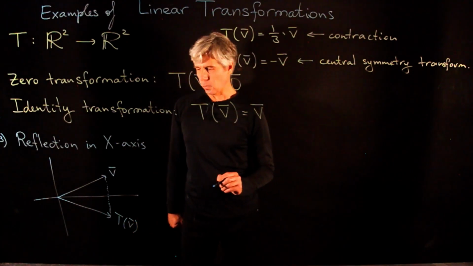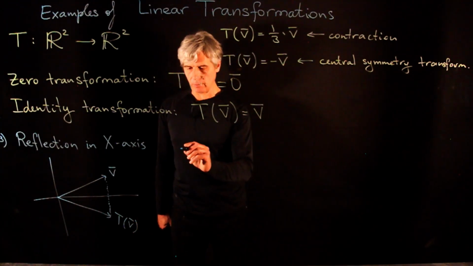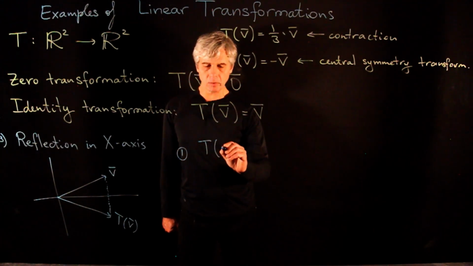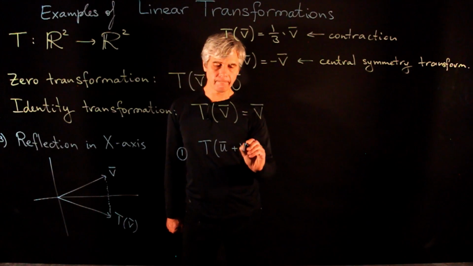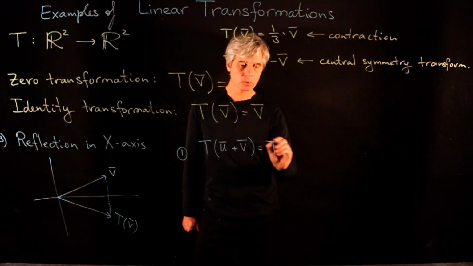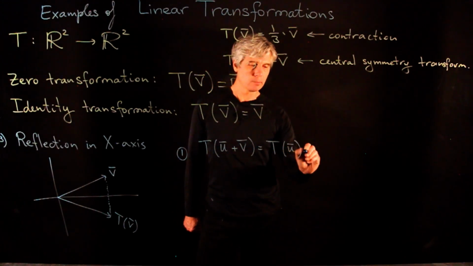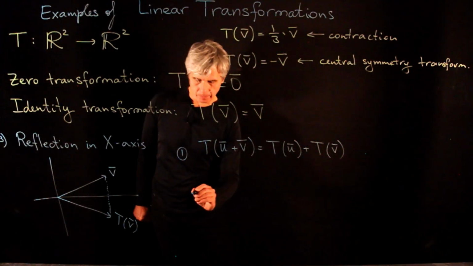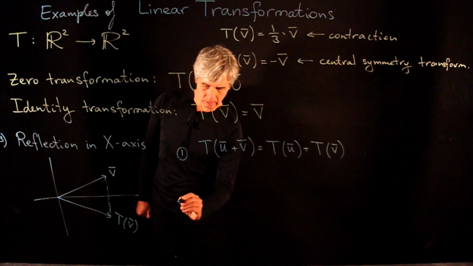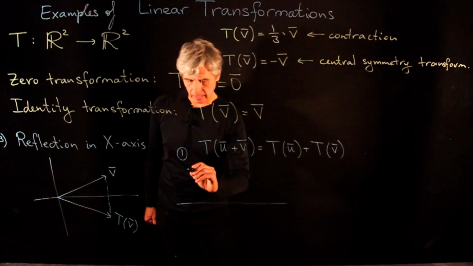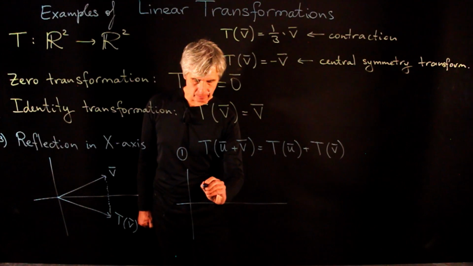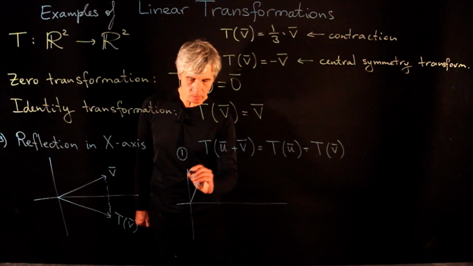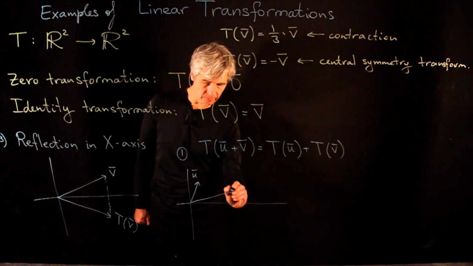Now, what is the first property? The first property says that T of u plus v is equal to T of u plus T of v. Let's make a picture. Here we have our mirror, and suppose we have two vectors, a vector u and a vector v.